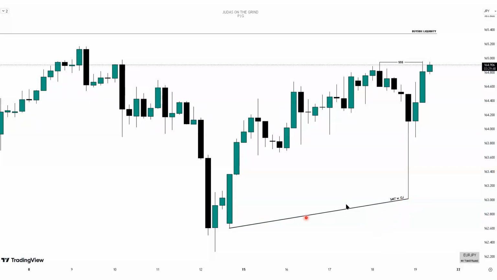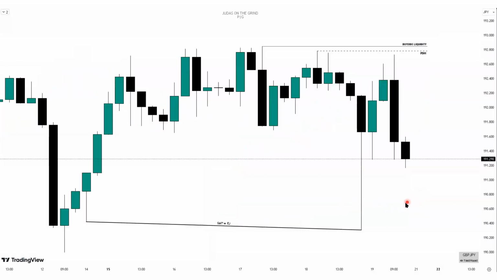GJ forms a lower low than this low, while we have EURJPY forming a higher low than this low. So it's indicating that EURJPY is much stronger than GBPJPY. Let's go to GJ now so you can see this low and a lower low right here. You see there's the same low that I was referencing on EJ.